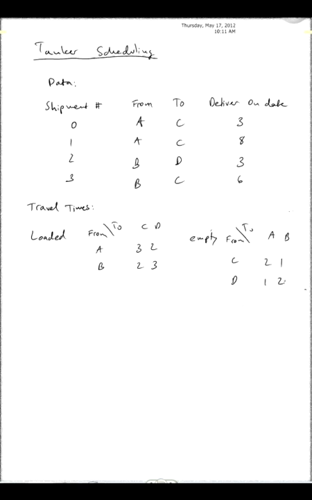And so the basic question that we want to ask, given all of this data, is what is the minimum number of ships required to complete all shipments?